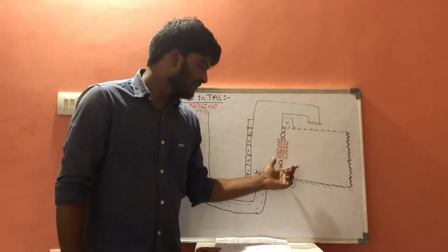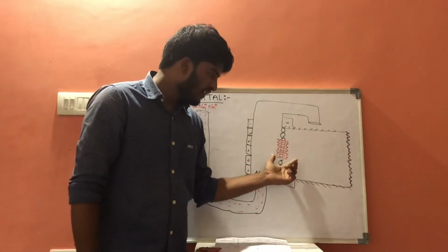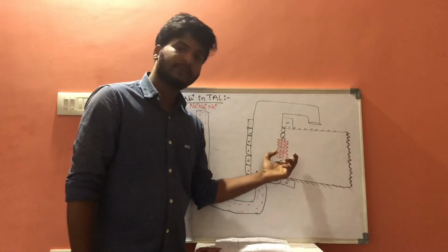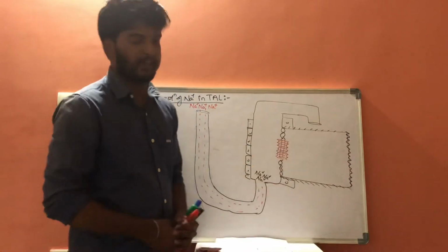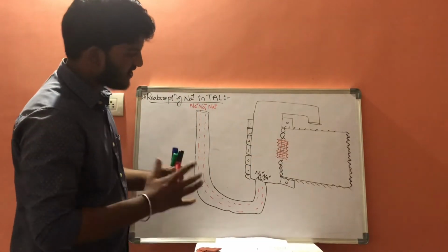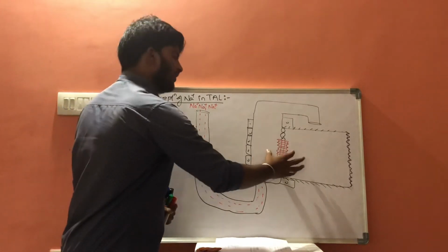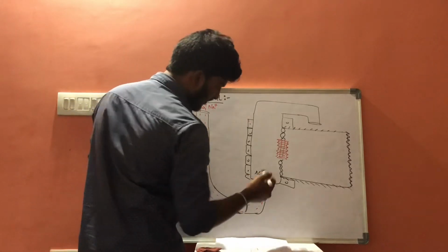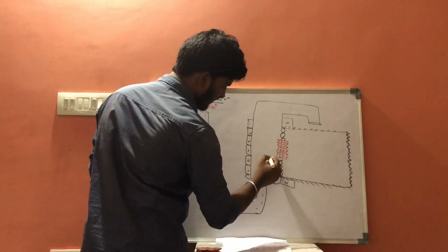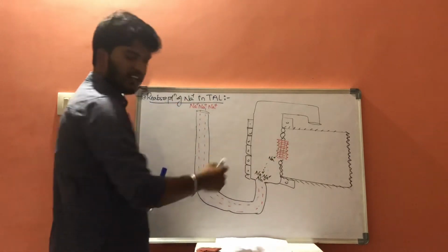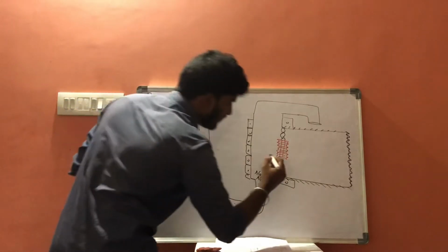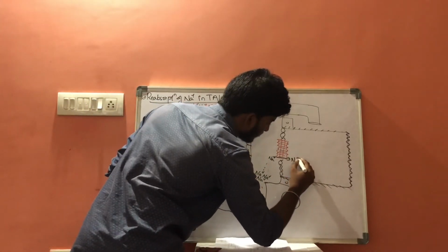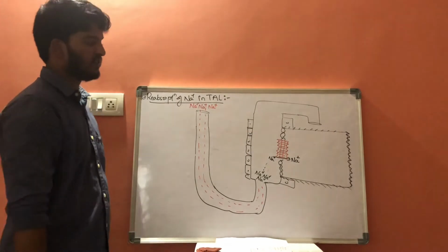Now what is the function of that protein? Let us consider these are the sodium ions which are moving towards this area. Sodium ions reach this protein, and with its help, sodium ions will be entering inside.